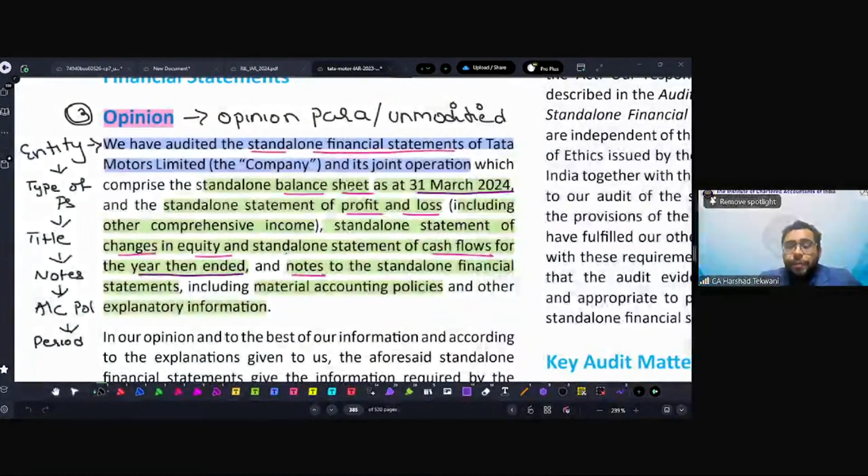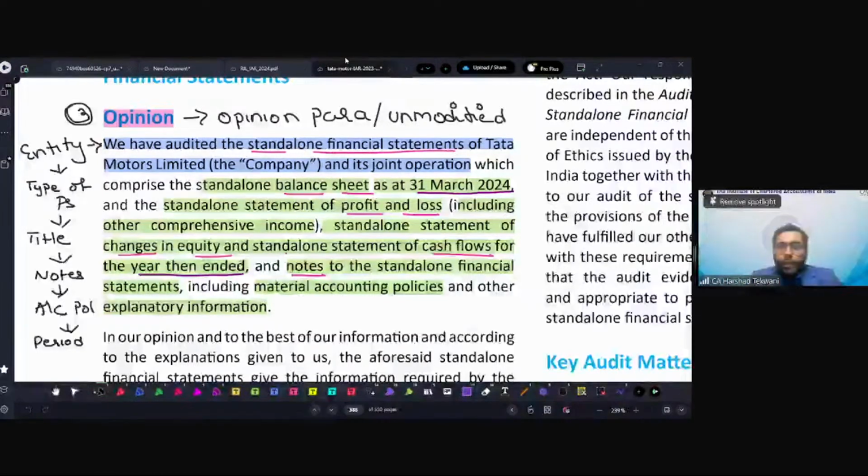So in the first paragraph of the opinion paragraph, you identify the statements on which you are issuing the opinion. Now, in the second paragraph of the opinion paragraph, you actually provide your opinion, built up by performing all the audits, by accumulating all the audit evidence, by evaluating the audit evidence and material misstatement, everything comes into your second paragraph.